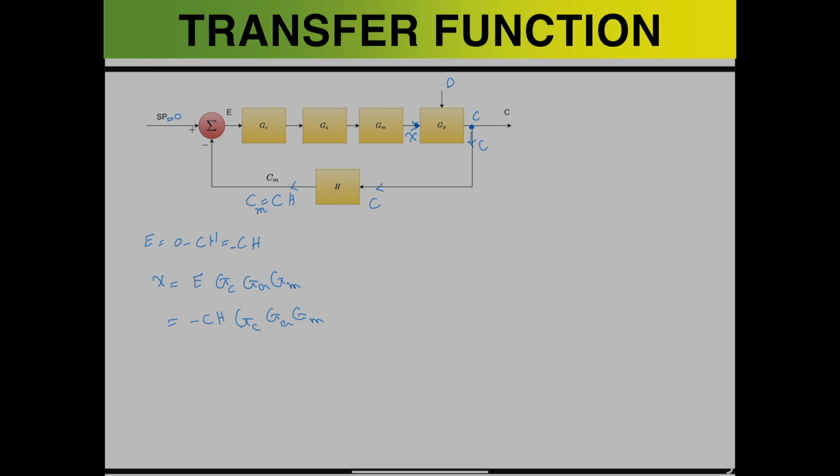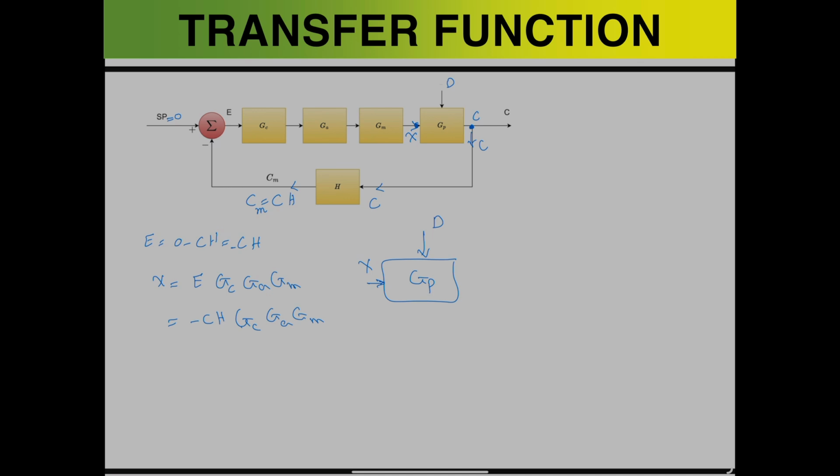Now, we know that there is a building block called GP that essentially has two inputs. There is one D, there is one X. And essentially, these two inputs are going to be summed up and then multiplied by GP, which will result in C as the output.